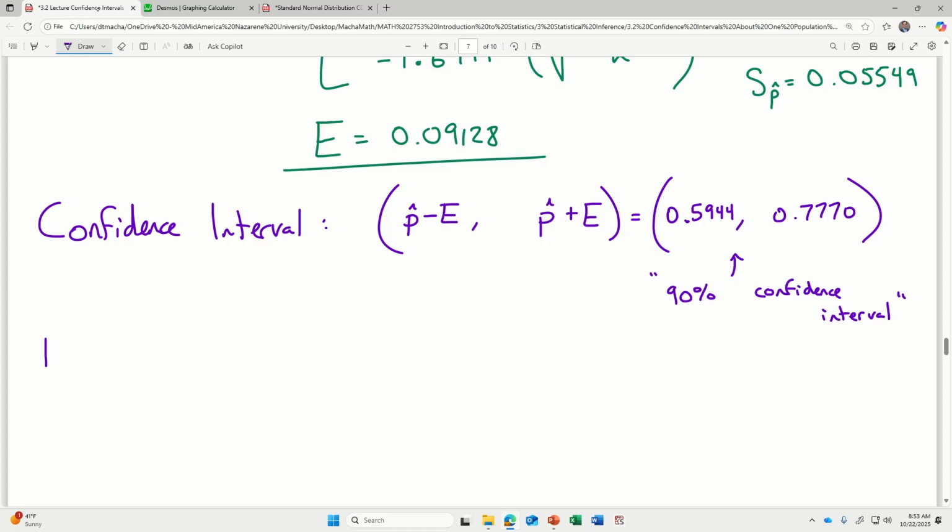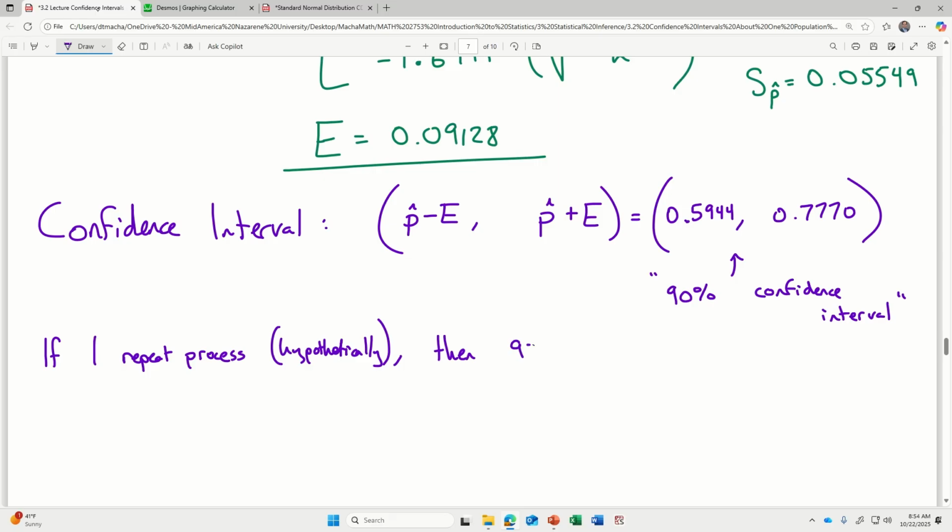We say if I repeat this process, hypothetically, right? You don't actually have to repeat the process. But imagine repeating the process multiple times, where you gather a sample of residents, you ask them if they recycle, you calculate the confidence interval exactly as we've done according to this method.